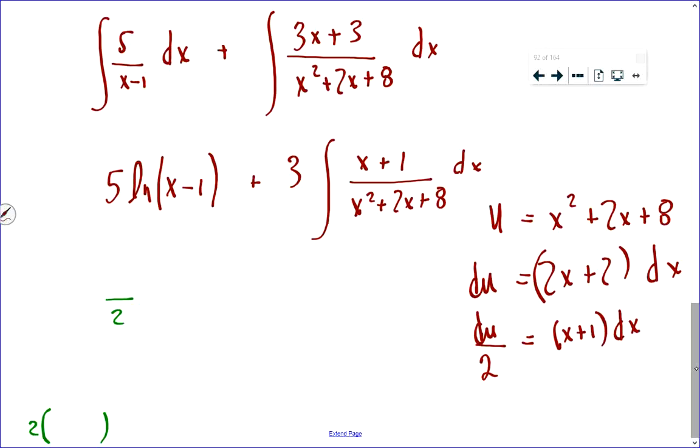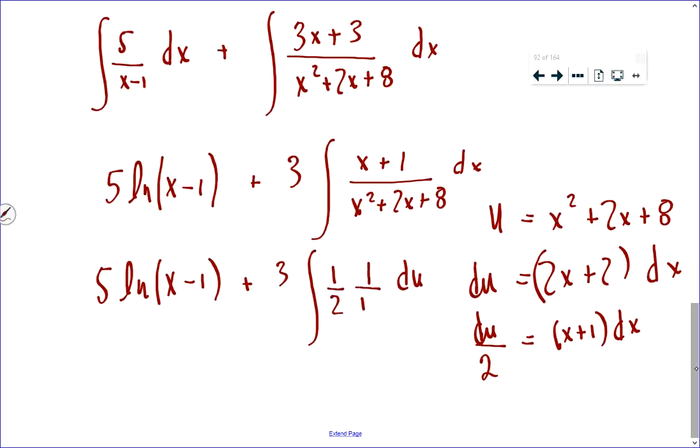So the x plus 1 dx will be 1/2 du. And this becomes now, sorry, I'm just exhausted today, becomes 3. That x plus 1 dx is 1/2 du.